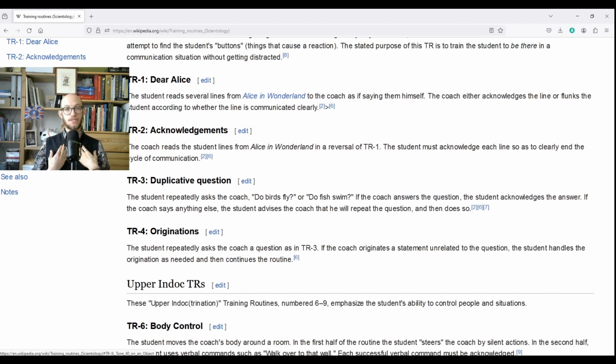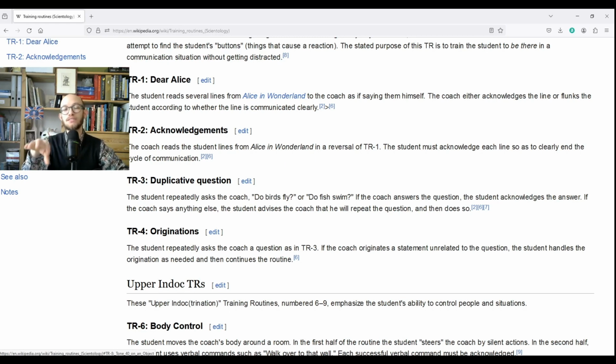So I will be the PC again. The other person is the coach, and I will say, do birds fly? And if the coach says yes, no, I don't know, anything that answers the question, I will say thank you, and then I'll just repeat the question, and then again, do birds fly? If he were to say, let's say I asked, do birds fly? And then he says, the whole week it's been raining, but today it's really nice weather.